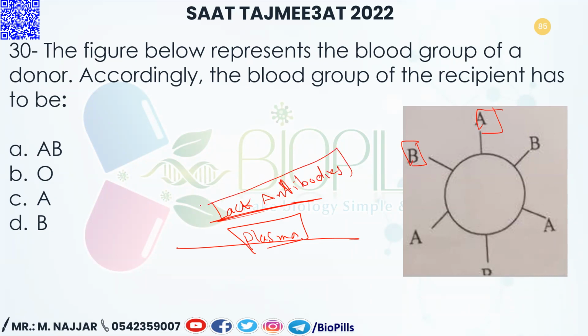And the only blood group that lacks any antibodies is blood group AB, not O.